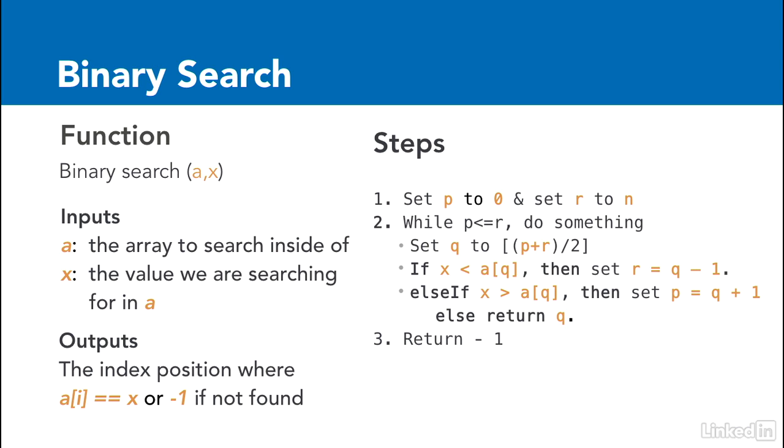Right after that, we need to determine whether to eliminate the left side of the array or the right side. We do this by checking to see if X is less than the array at the index of Q, and if so, then we set R equal to Q minus 1. That is, we're setting R to the midpoint. We're narrowing down to the first half of the array.